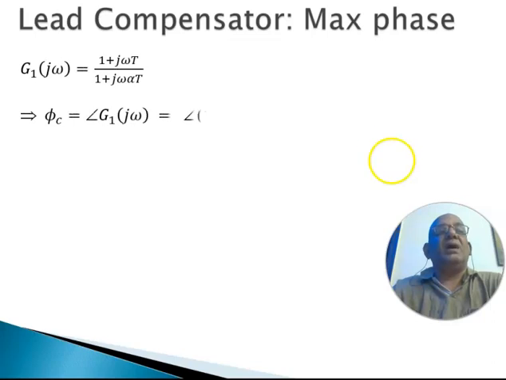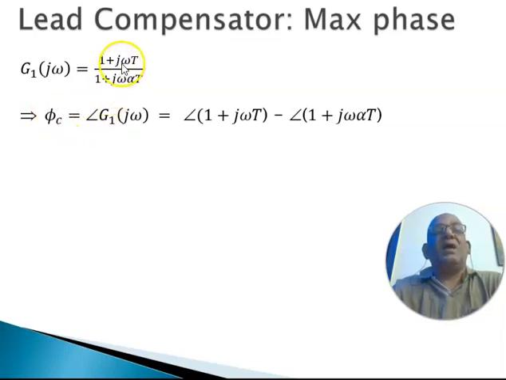We note that the compensator is given by this sinusoidal transfer function, and thus the phase of this is angle of G1 j omega, which is angle of the numerator minus angle of the denominator.